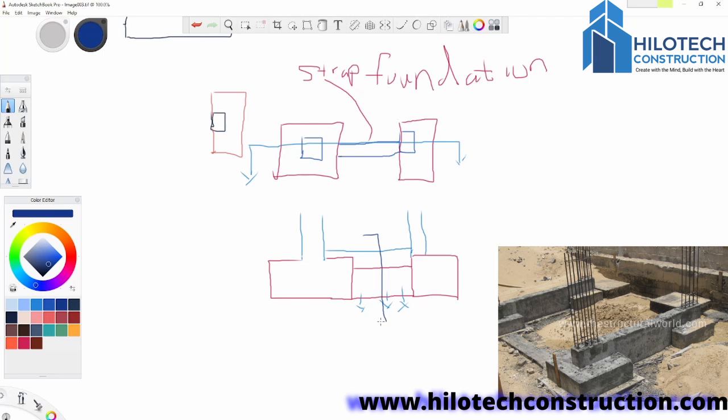If I cut a section through like this, you are going to have something like this, and at the top you have your reinforcement rods. Let's say you have 3 at the top, maybe 3 at the bottom, and also some at the side. It is very heavily reinforced because it is also functioning as a foundation.